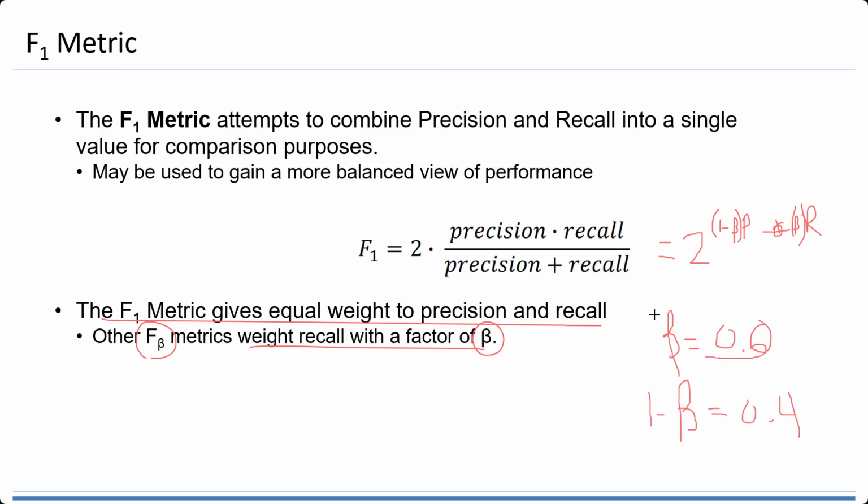And the 0.6 will give more weight to the recall, and 1 minus beta will be the weight for the precision. So that's the meaning of the F beta. But it is difficult to determine the weight. If you do not know how to determine the weight, we usually just use the F1 score. We assume that precision and recall have the same importance.